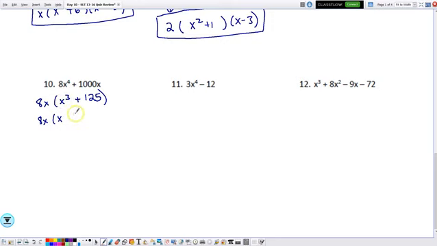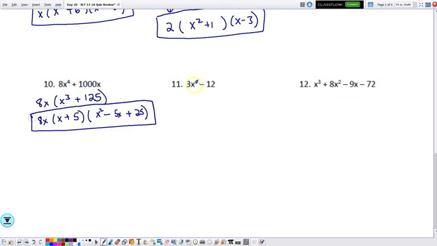It's going to be x and 5. Same sign, opposite sign, always positive. Square the x, multiply them together, square the 5. There we go.